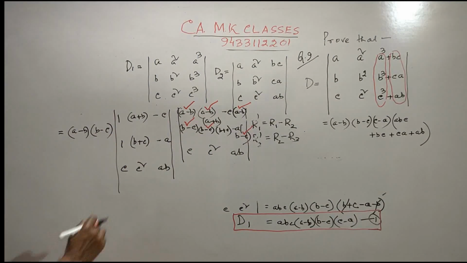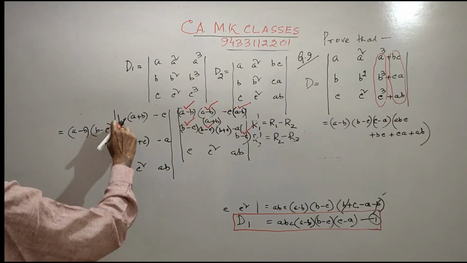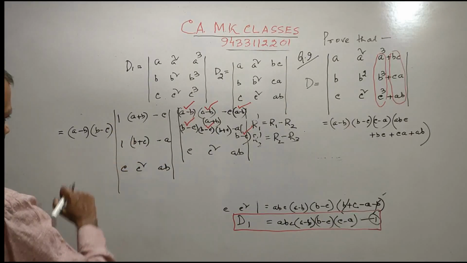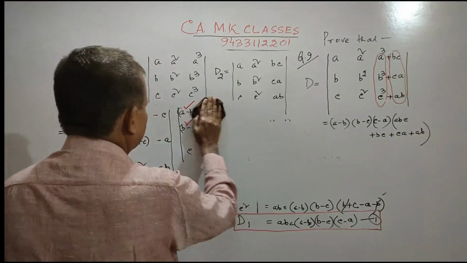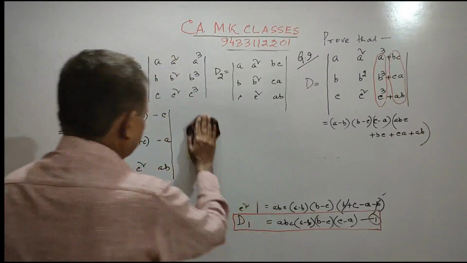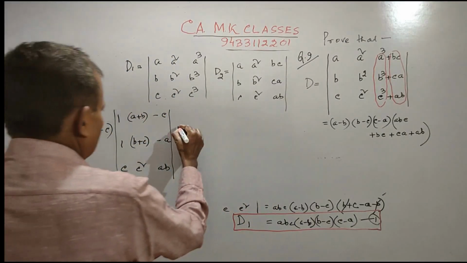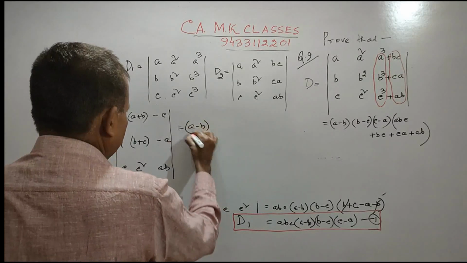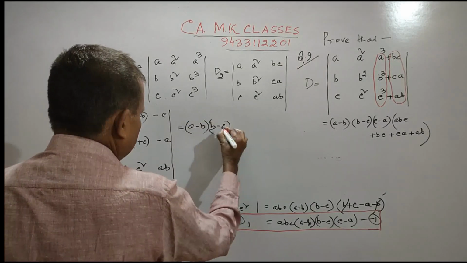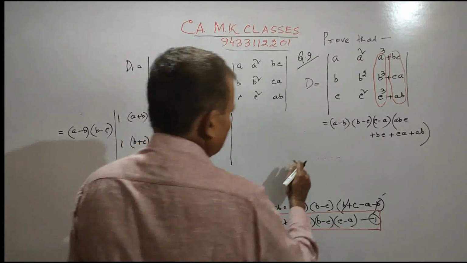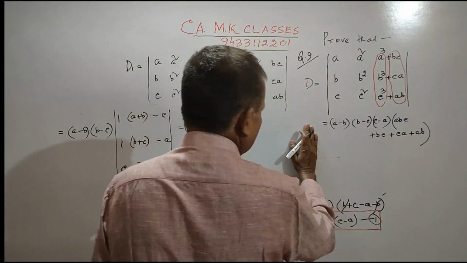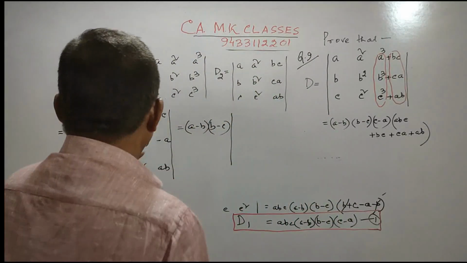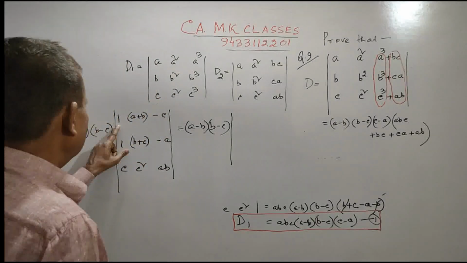Now we will do 1 minus 1, that will be 0. So this will be a minus b, b minus c, a minus b, b minus c.